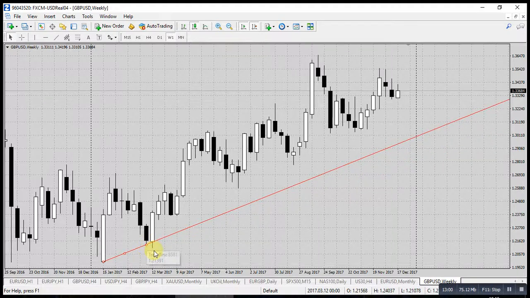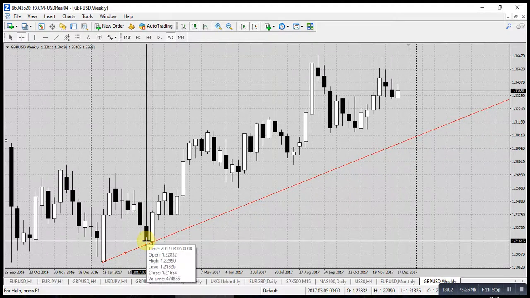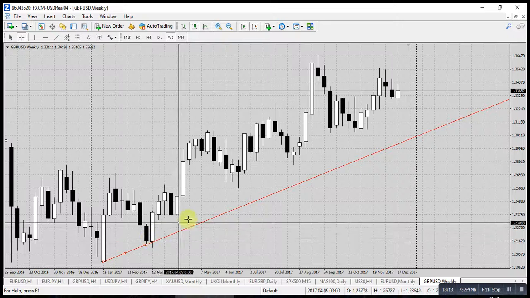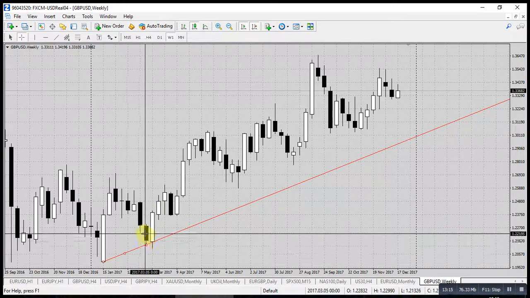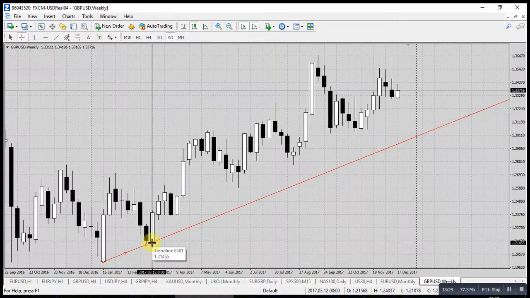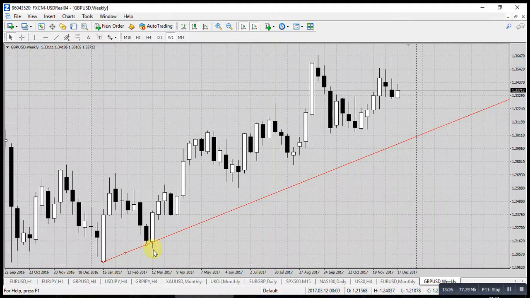Because the first higher low was March 2017, and let's say we don't see the candles after this month, so we just simply put these two dots, and you see the second month just tested it and went up, and this line hasn't broken yet.